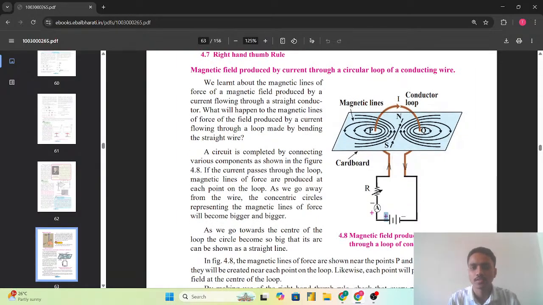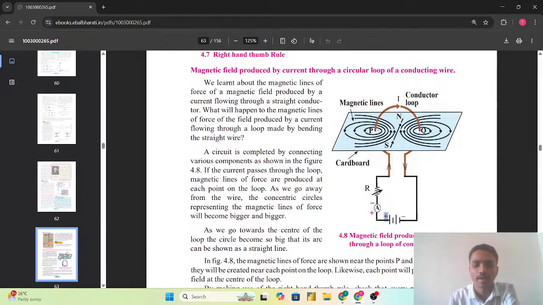As we can see here, the magnetic lines of the force are generated, and the direction can be found out as the current is flowing in the upward direction. As per the right hand thumb rule, the curled fingers will show the magnetic lines of the force direction.